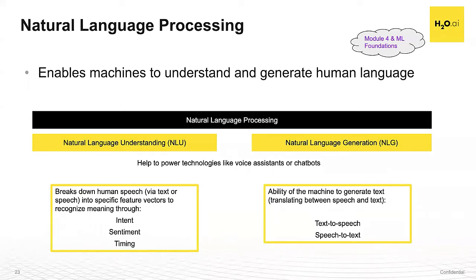To give you a little bit of insight into what NLU is, which is the harder of the two tasks, NLU takes human speech and breaks it down into useful representations in the form of a feature vector. You'll hear more about that in Module 4 and the ML Foundations, and you'll be able to apply that.